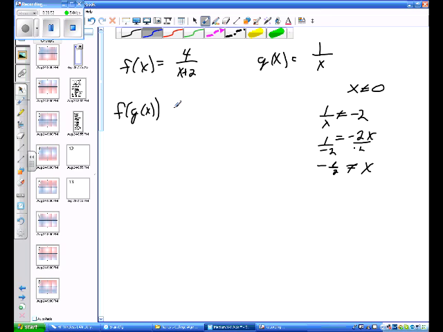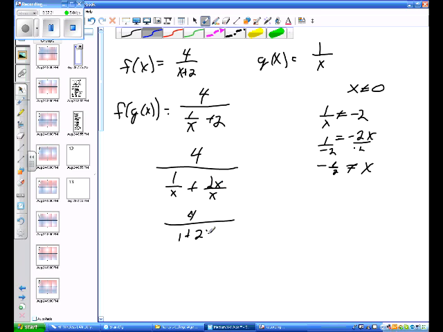Now if we go through and work this, then we're taking f of x. Wherever there's an x, we're going to plug in g of x. So it would be our function. We need to get a common denominator for our denominator, which is going to be x. So x times 1 is x, 2 times x, so that would be 2x over x, or that would be 1 plus 2x over x. And to divide by a fraction, we multiply by the reciprocal.